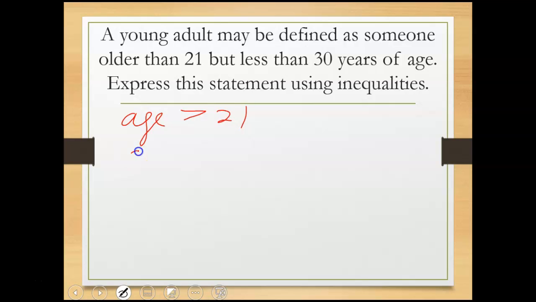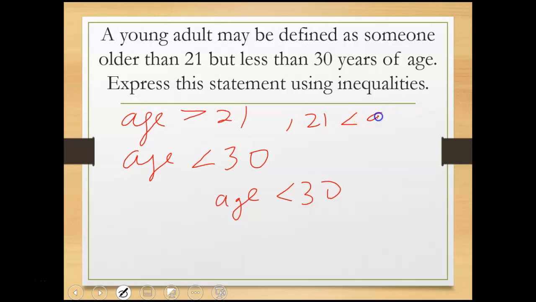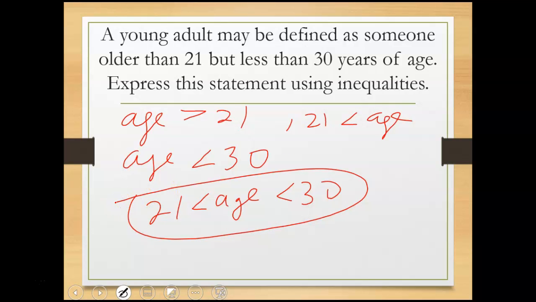Or age has to be less than 30. So age is in the middle. And since age is greater than 21, 21 is less than age. So we put 21 is less than age. And that's what they want us to write.